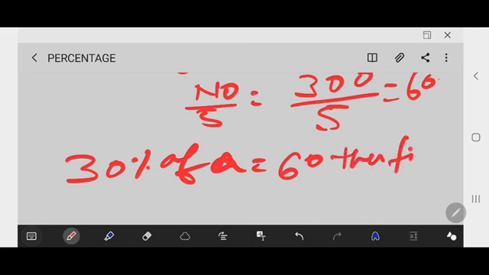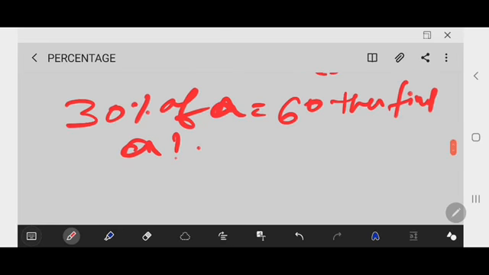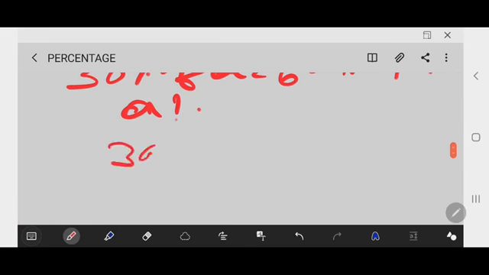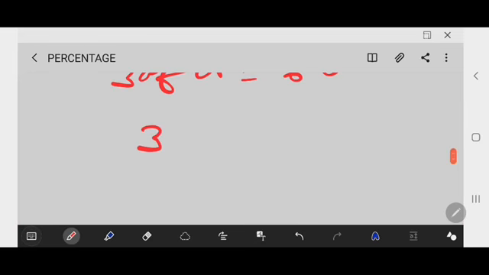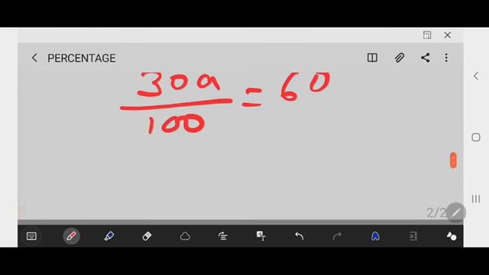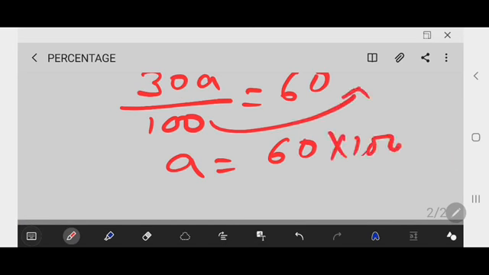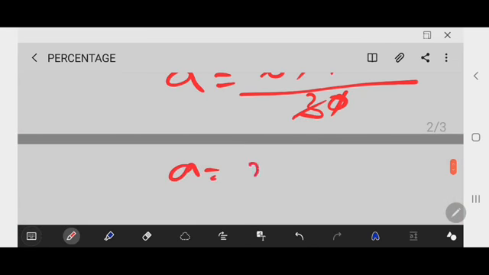So 30 times A by 100 is equal to 60. So A is equal to 60 into 100 by 30. The 100 will go there, and 30 will go here. So it is 200. The answer will be 200.